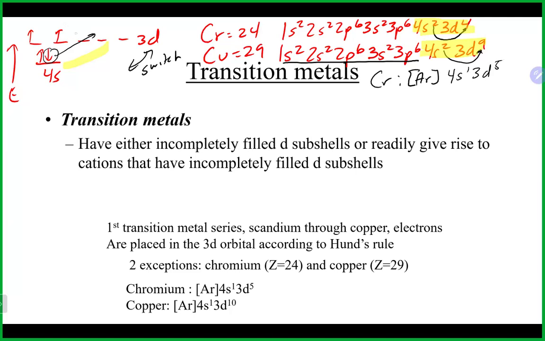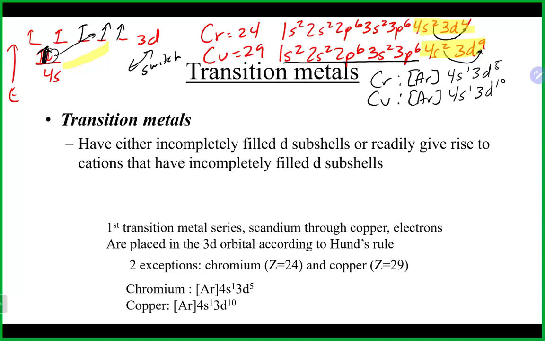What that essentially does for chromium is it maximizes parallel spin. Right now, everybody's heading upwards, and it maximizes the parallel spin. For copper, it's pretty much argon 4s1, 3d10. That also balances things out, fills up the d orbitals, and makes it more stable.